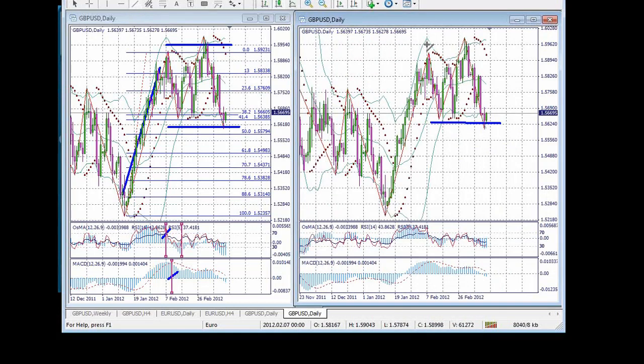I am making those signs because I want you to follow in different time frames what is happening. So those two signals that we have on daily for this period.